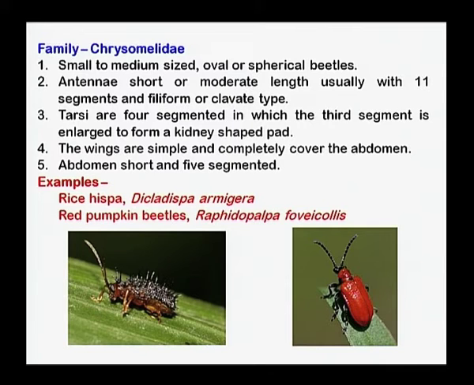The wings are simple and completely cover the abdomen. Abdomen is short and 5 segmented. In most cases the abdomen is 10 segmented, but here we find only 5 segments. The best examples are rice hispa and red pumpkin beetles.